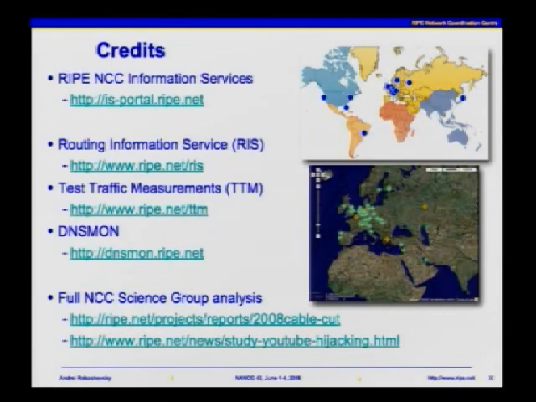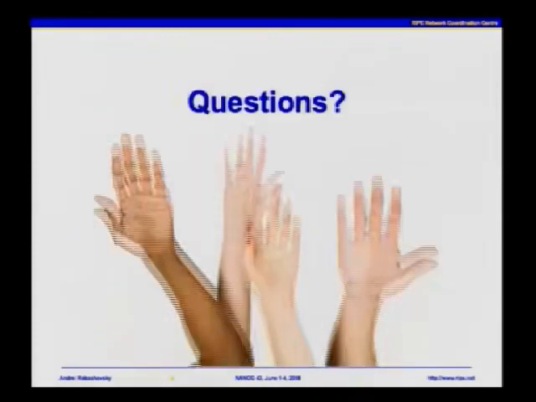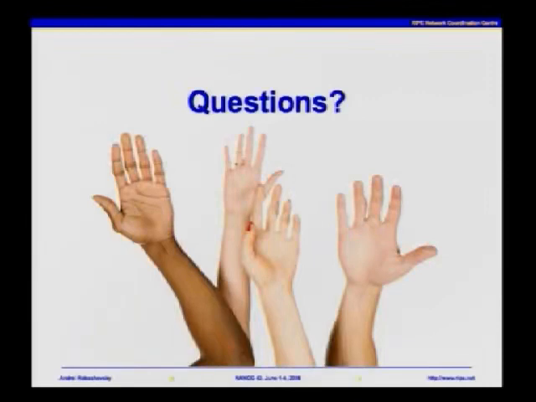Based on data collected by those tools, we at the RIPE NCC also did some interesting analysis of recent events in the internet, such as the cable cut and YouTube hijacking. We have a science group at the RIPE NCC that does analysis of this data, and those reports are also available from the RIPE NCC website. And that concludes my presentation. Thank you.